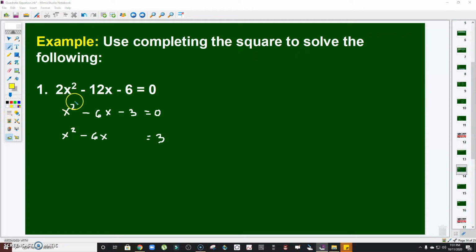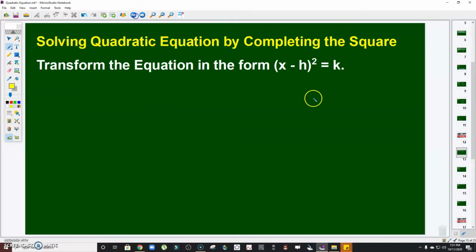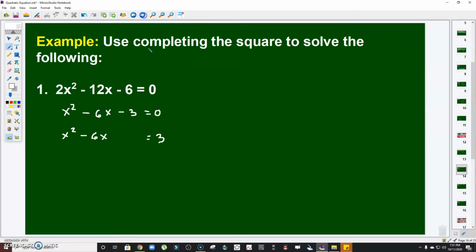Take note, di ba kapag n-expand ko to, that's x squared minus 2hx plus h squared, right? Always remember, yung 2 dyan, fixed, constant. So ganun din yung gagawin ko dito. I-divide ko siya lagi ng 2.